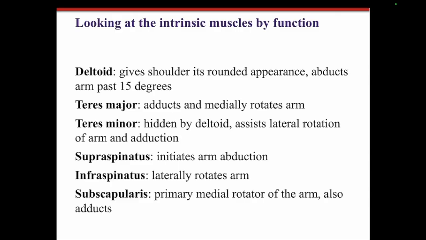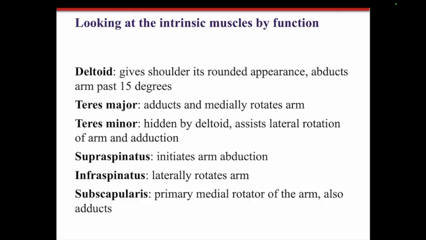So again, start with abduction. For the abduction, you have the supraspinatus for the first 15 degrees, and then the deltoid abducts. Then for adduction, you have the teres major, and then you have medial rotation.